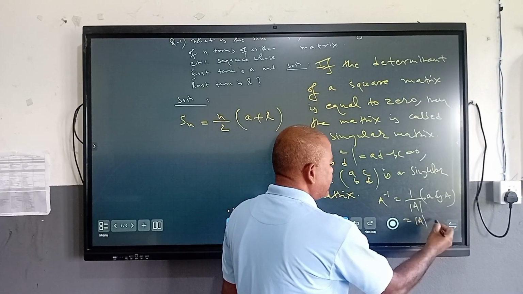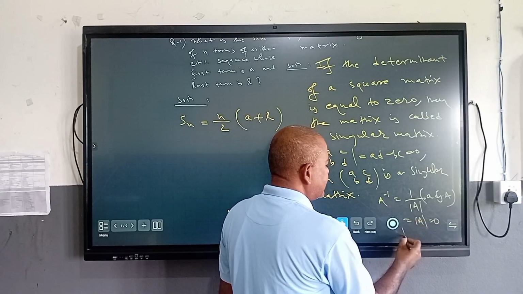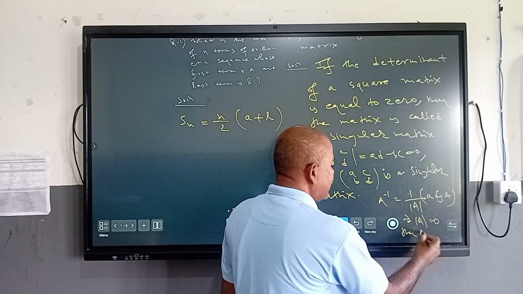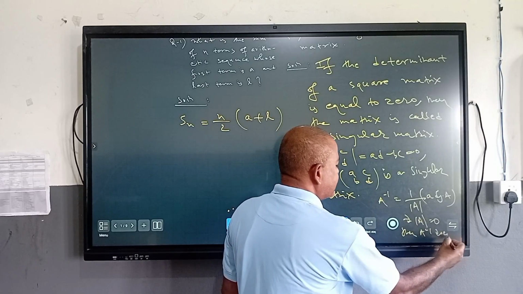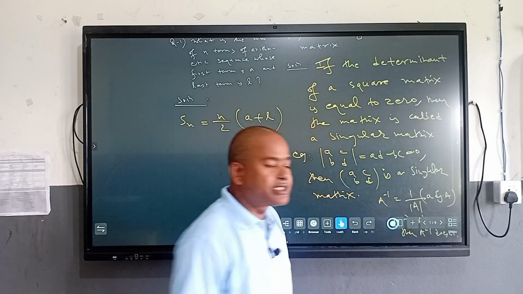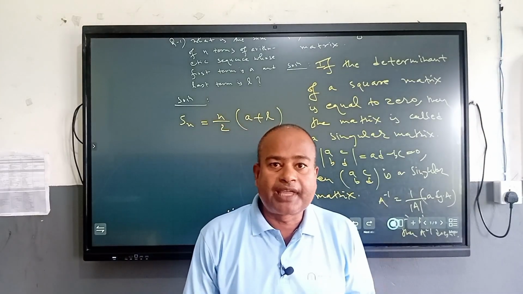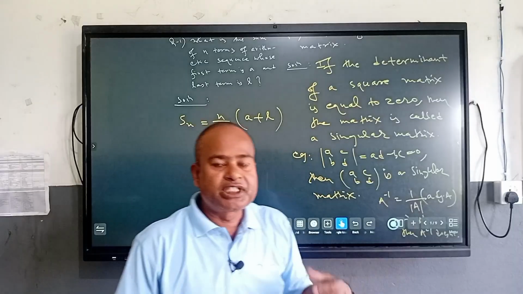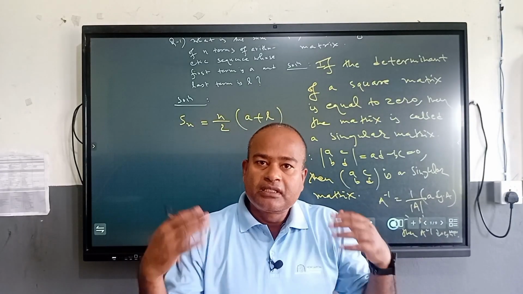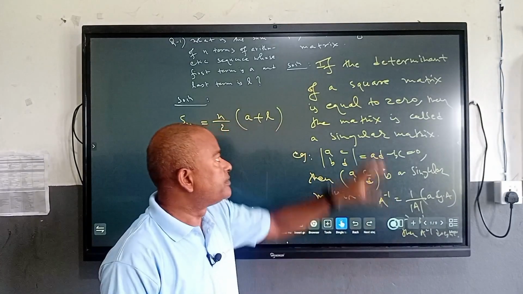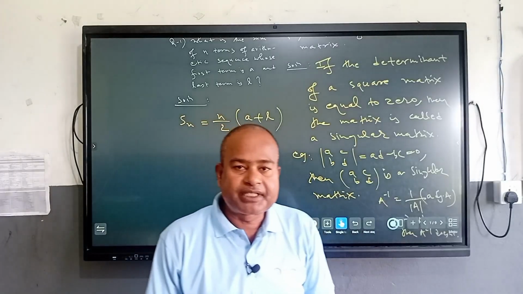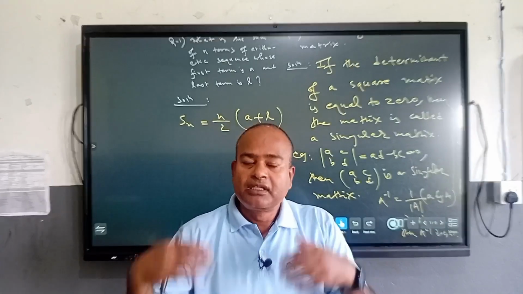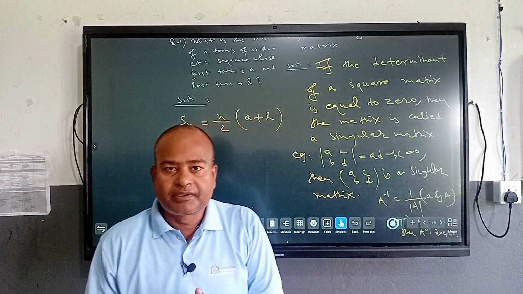So in order to find the inverse of any matrix, the given matrix should not be a singular matrix. That means it should be a non-singular matrix. Then only we can find the inverse of the given matrix.